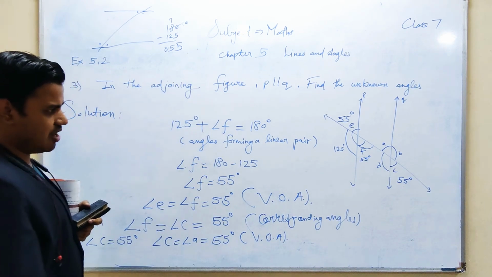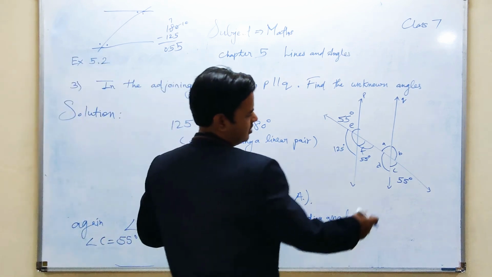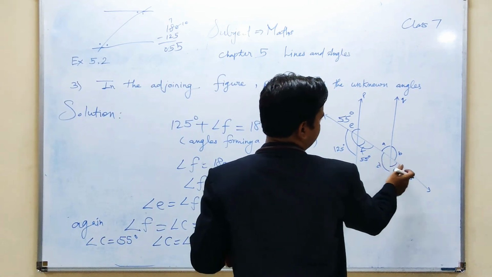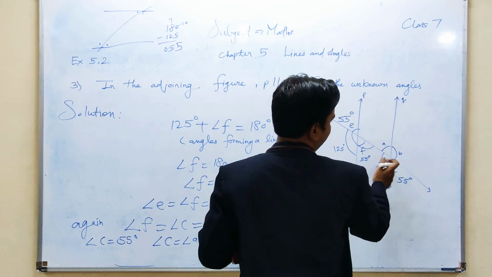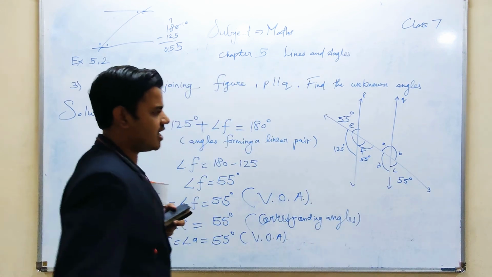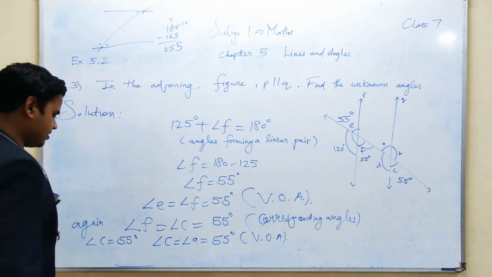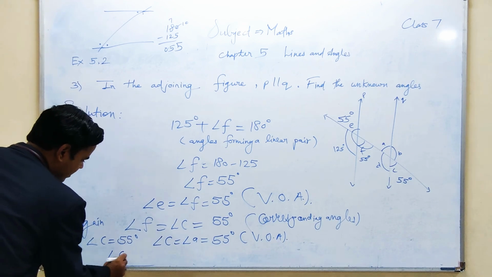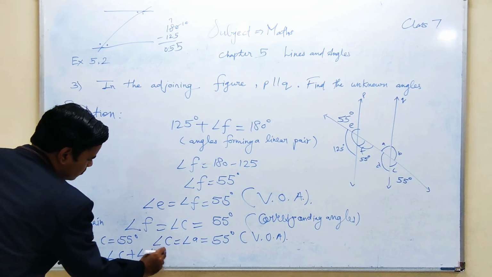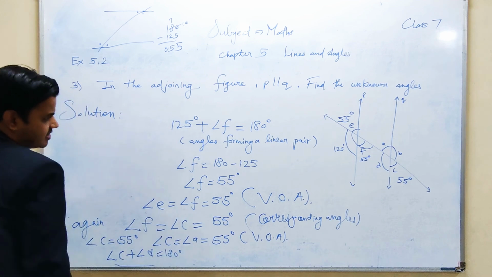Okay, now only B and D are remaining. So C you can take either with D or with B. So I will take C with D. Angle C plus angle D is equal to 180 degree. What reason will you write?